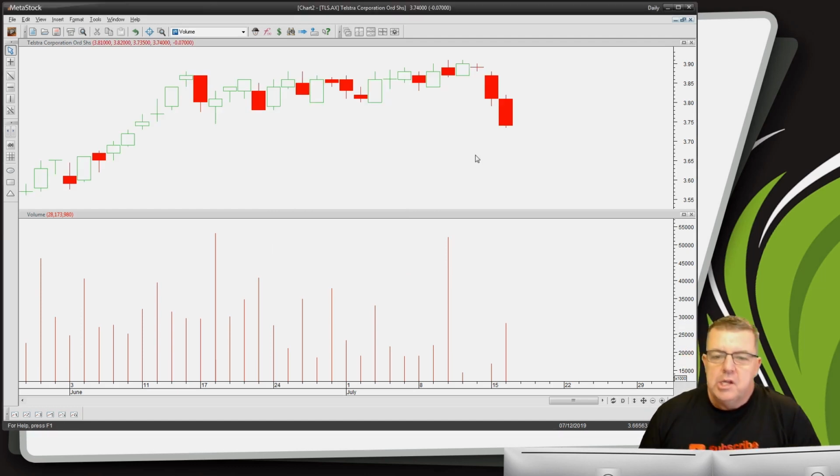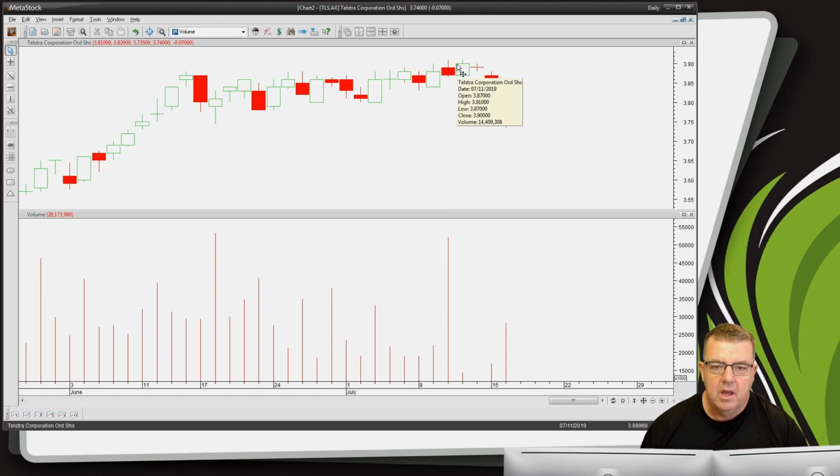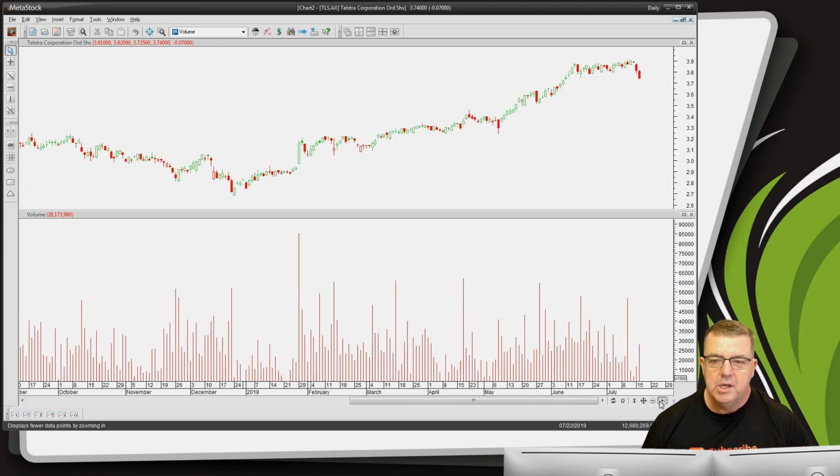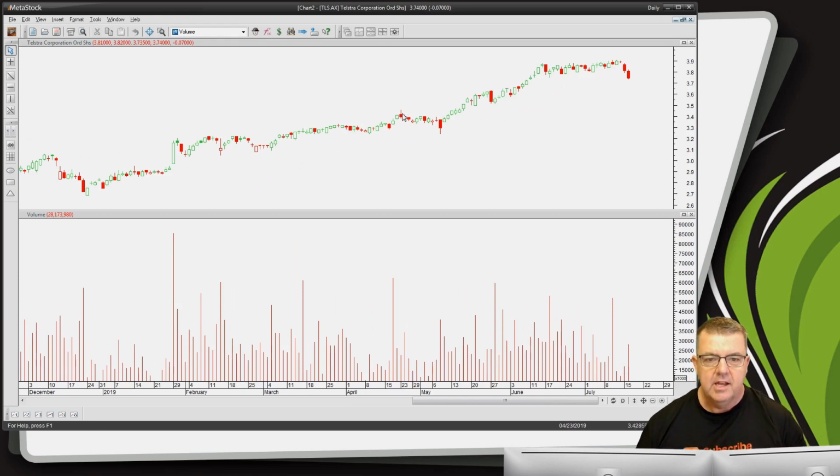As you can see, very similar to a bar chart, in that we have the open, the high, the low and the close. The difference is that, visually, straight away, if we zoom in, we can see the down days without having to look too hard, because they're red, and the green days are the up days.